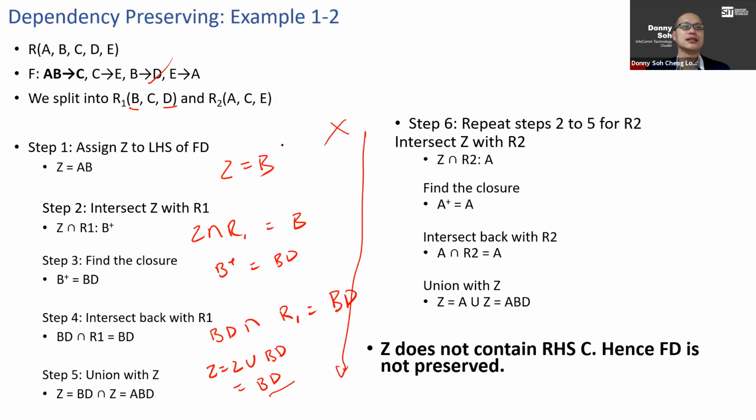It's the same thing if I look at this one, E A: confirmed, preserved, because E and A are in the same table. So that is the very quick way of looking at it. If they are in the same table, I can definitely say that they are preserved.